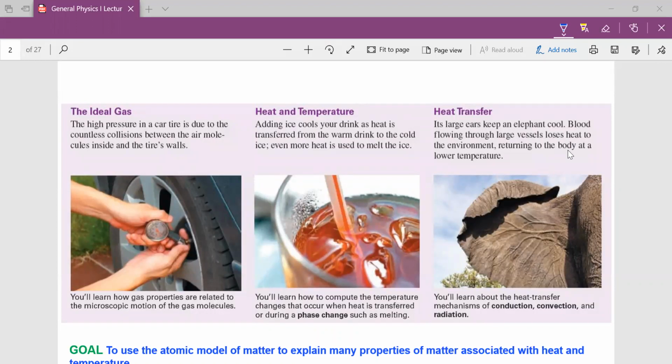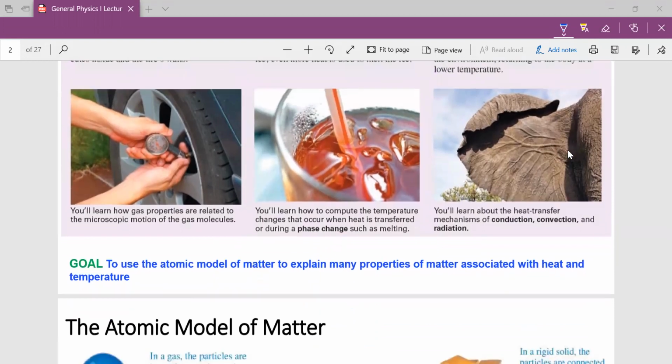We'll also look at details of heat transfer and how the mechanisms of conduction, convection, and radiation happen. But our main goal will be to use the atomic model of matter to explain the many properties of matter associated with heat and temperature.